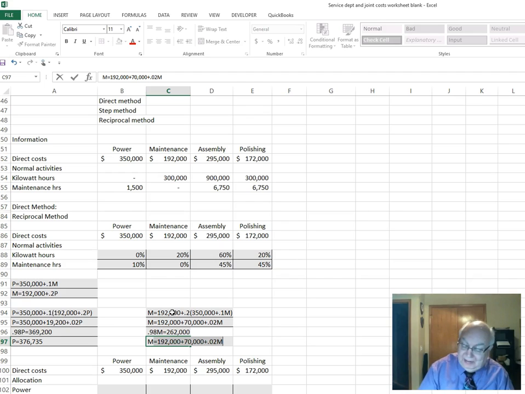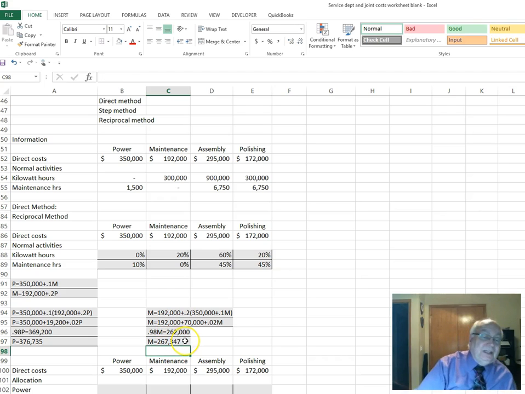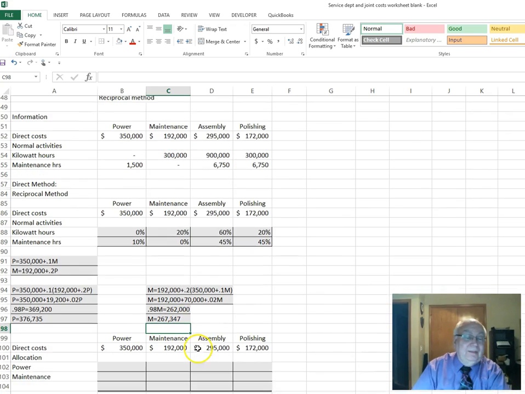So M is equal to 267,347. Okay, divide both sides by 0.98, and that's what you come up with.